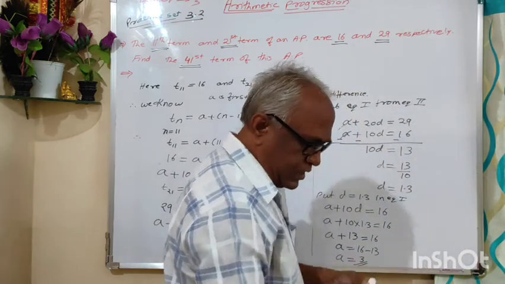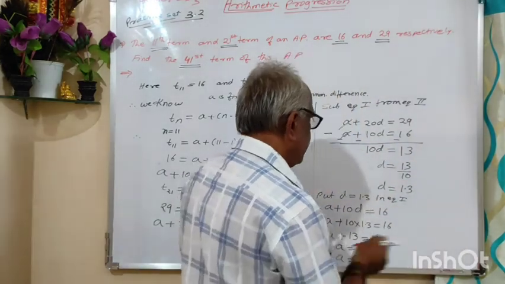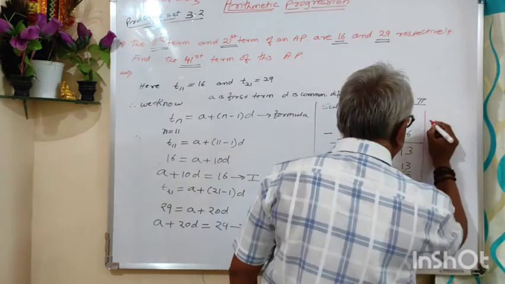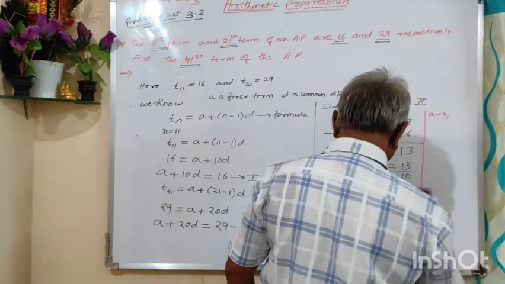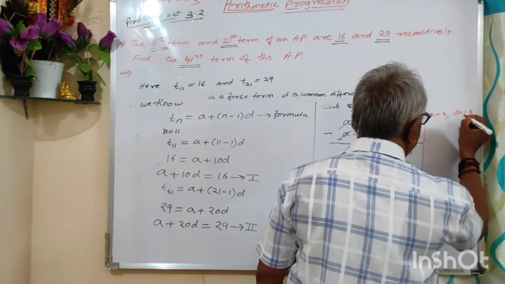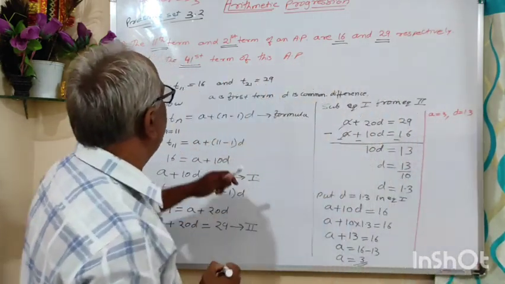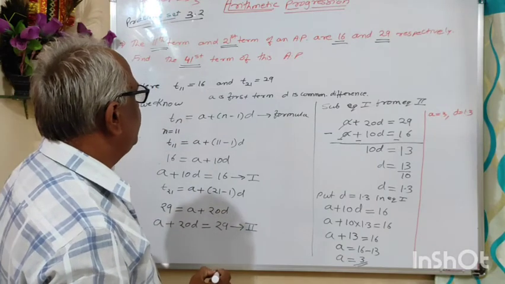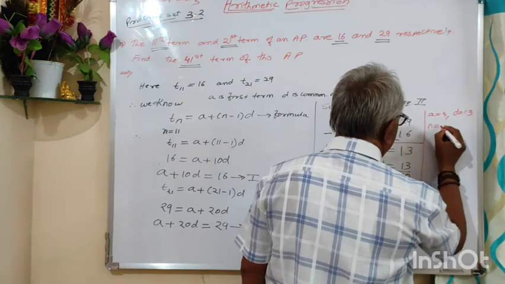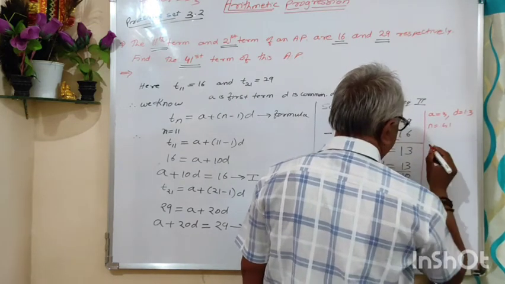Now the remaining example I will solve here. Here A is equal to 3 and D is equal to 1.3. Now we are told to find the 41st term, that is n is equal to 41.